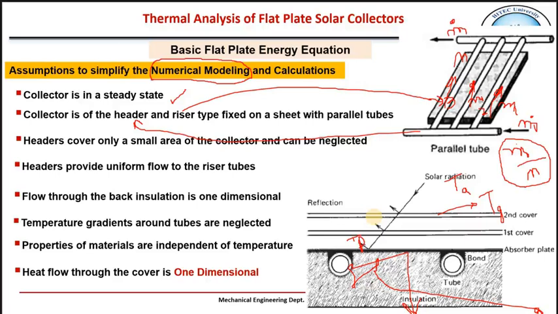Next is that heat flow through the cover, through this glass cover, is one dimensional. Just like for the case of insulation, we said that the heat transfer is one dimensional. Similarly, heat transfer through this glass covers, because heat will be transferred from this high temperature to low temperature ambient, and this heat transfer in this direction also has a glass cover in between, and there could be one, two or three glass covers.